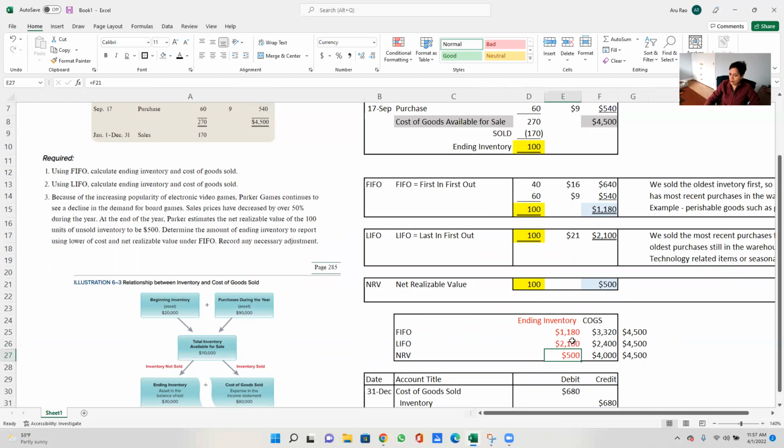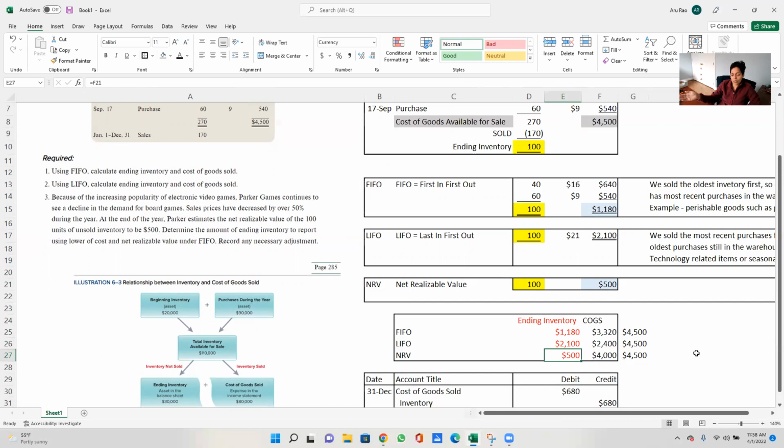So if my ending inventory is 1180 over here, if I expect to sell it even for $1 more, I don't make any adjustments. Or even at cost, I don't make adjustments. I make adjustments only if it has dropped. So if I can sell it only for 500, I should not keep it as inventory in my books at any number above 500 because I'm misrepresenting.